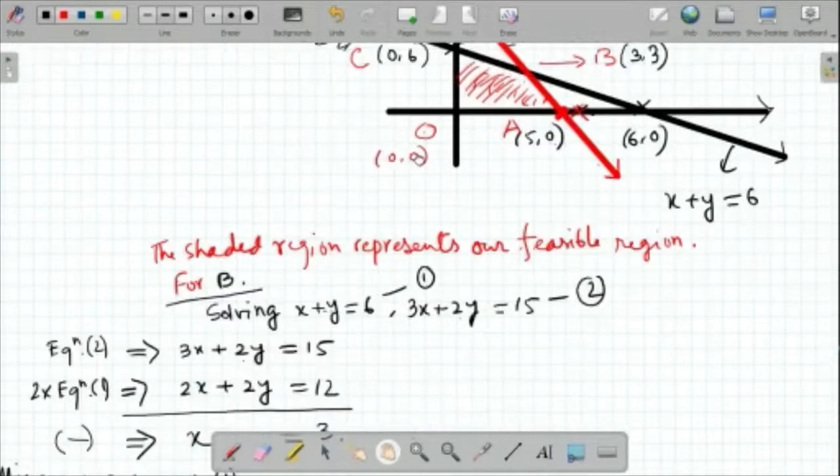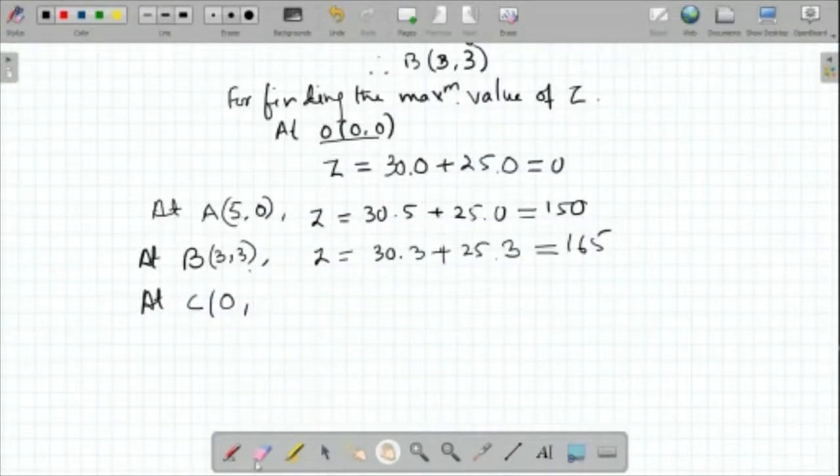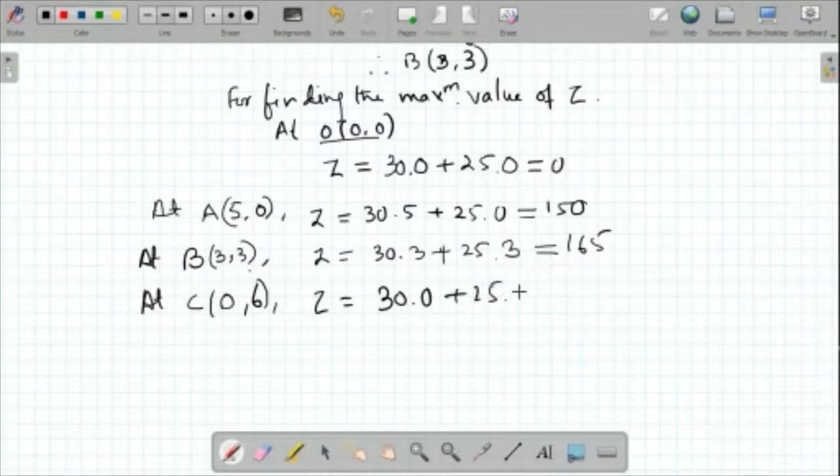Now at c, which is 0 comma 6, right? 0 comma 6. So it will be 30 times x, which is 0, plus 25 times y, which is 6, and it will give 150. Now since we have to find the maximum value, where are we getting the maximum?